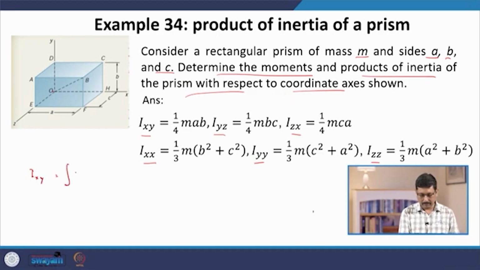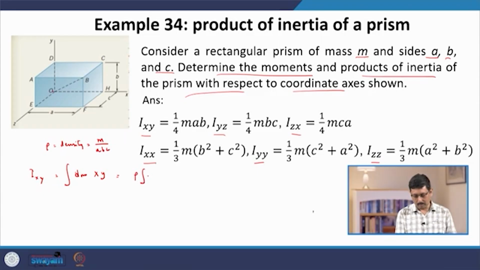Our definition says, if I take any mass element located at x, y, z, then the x coordinate times the y coordinate times the mass element, integrated, will give us Ixy. If the density is rho and this is constant, I take it out, times xy, and this is a rectangular prism.